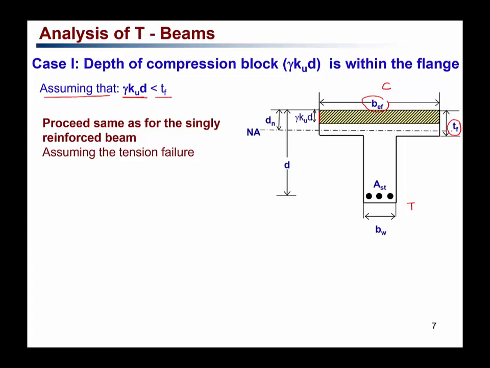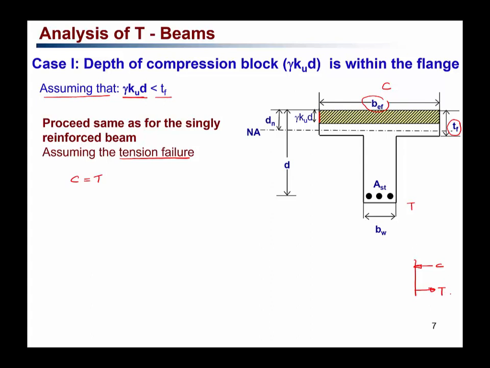So first we assume that it's a tension failure mode, and equating the horizontal forces, C equals T. Again, drawing the force profile, this is C, the compression force in the compression block, and T, the tension force taken by the steel.